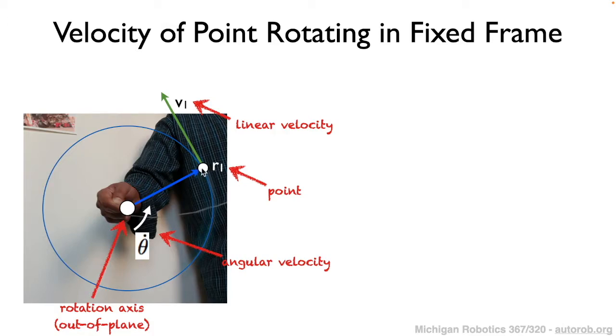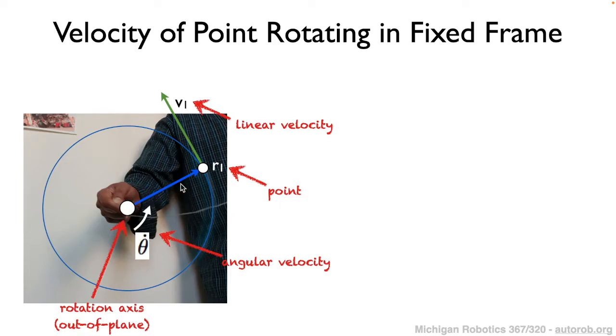It's rotating about this axis. The axis of rotation can be thought of as extending out of the screen that you're watching this video on, out of the plane. And about this axis, the point has an angular velocity denoted by theta dot. The angular velocity denotes how fast the point is rotating about this axis of rotation.